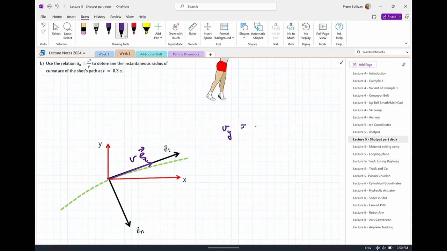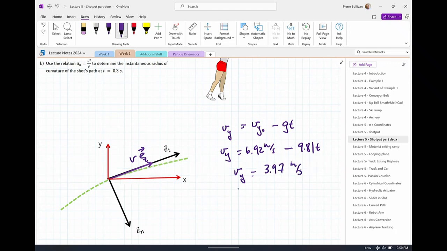Vy is equal to Vy naught minus gt. Vy naught is 6.92 meters per second. If you take the numbers from the previous part, minus 9.81 t, you get Vy at that instant of 0.3 seconds of 3.97 meters per second.